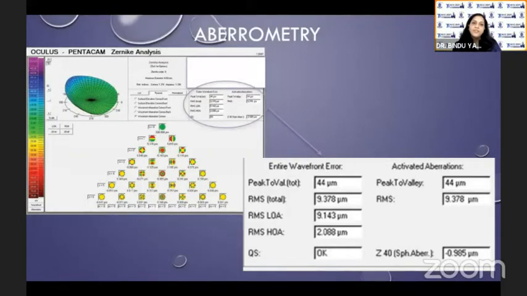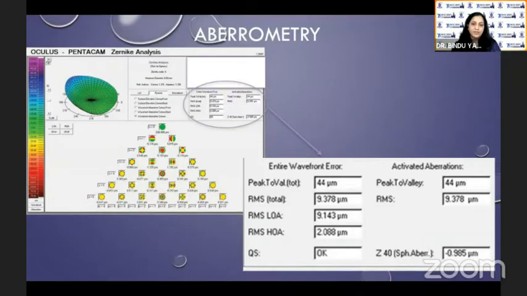So the next important thing that we would look at would be the aberrometry. The most important and common aberration that we see is the spherical aberration. So we should look at the RMS value of the higher order aberration at 4 millimeter. And if your spherical aberration is matching with the total higher order aberration, then putting an aspheric lens possibly will help in that patient.